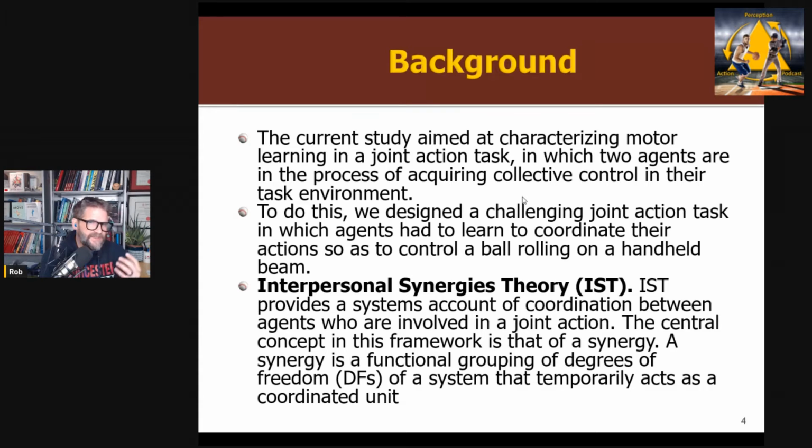Remember what a synergy is. A synergy is when two degrees of freedom work together, right? So my shoulder is rotating a little bit slower, so my wrist rotates faster, right? That's an individual synergy. But of course, we could have a synergy across individuals, right?